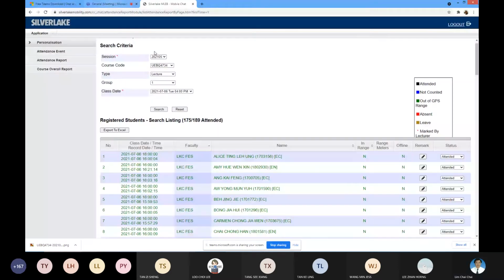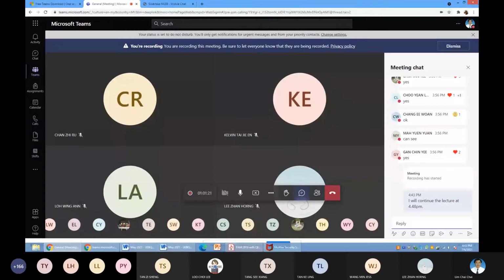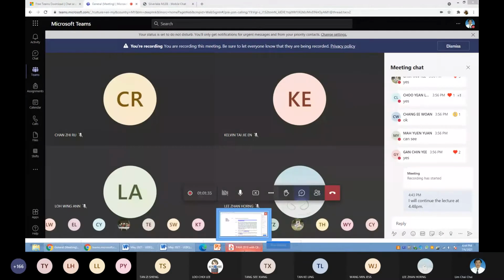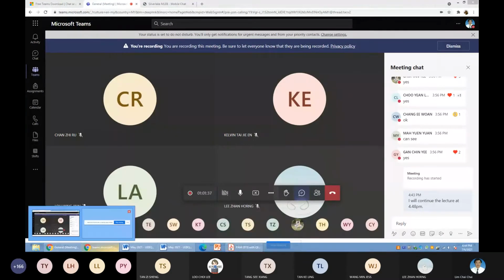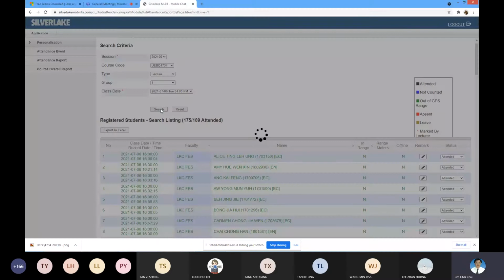So you can scan. Okay, 180. Another 9 of them absent.